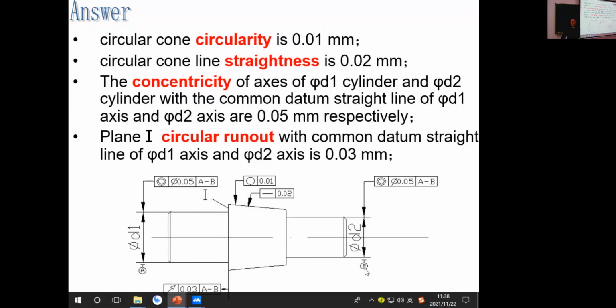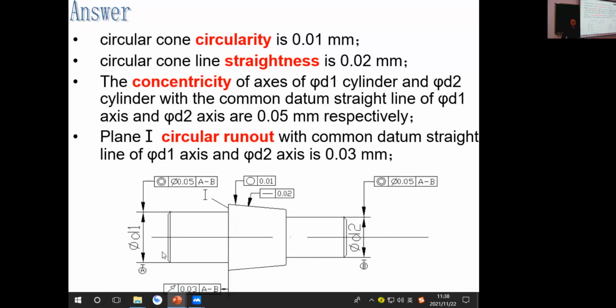Okay. You understand? Yeah, we understand. And the plane one, the circular runout with datum straight line of D1 axis and D2 axis is 0.03. Like this one, this is runout. The value is 0.03.